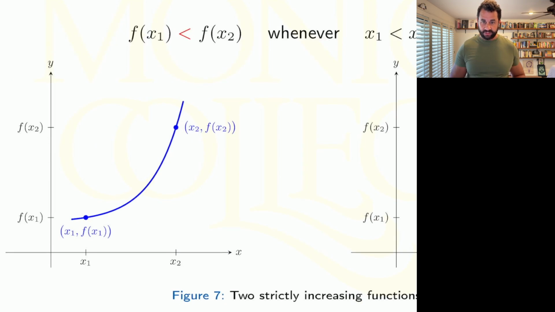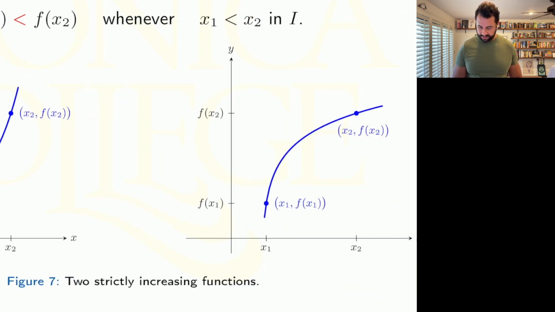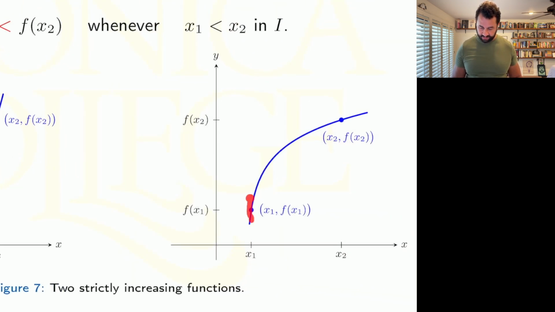So strictly increasing means what you think. It means your function is going to grow in size, right? Now, the strict part, we're going to talk more about in a minute, but the strict part basically means you can't have any constant parts in that interval. So here's an example of a function that is strictly increasing. It is going up.